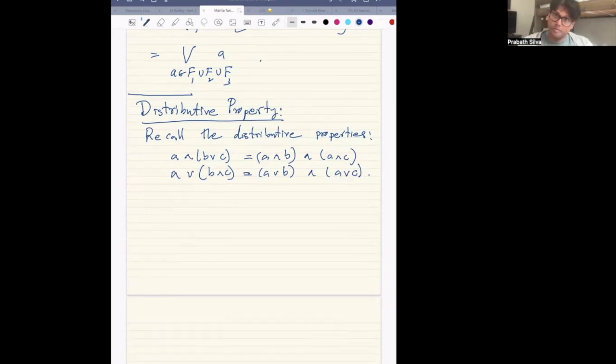Let's go through the main three examples.